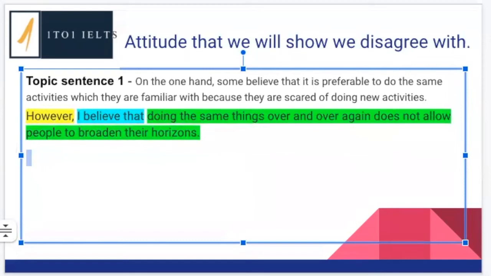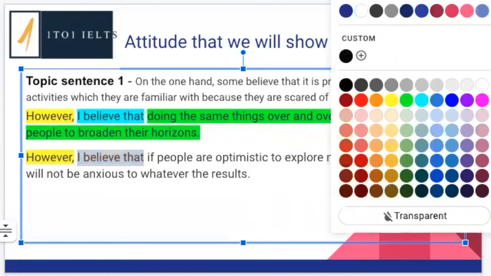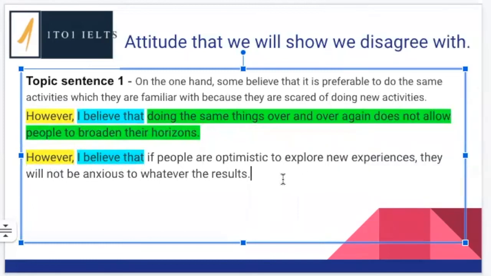Okay, let's have a look. One from Mary. So again, key components. We've got the however, excellent. We've got I believe that. Okay, nice. So this part's really clear. If people are optimistic to explore new experiences, they will not be anxious to whatever the results.